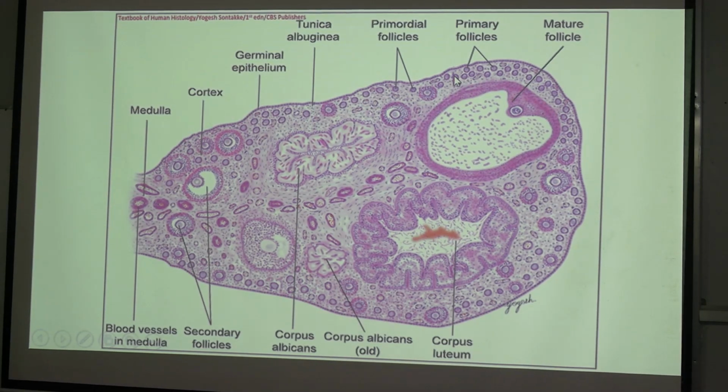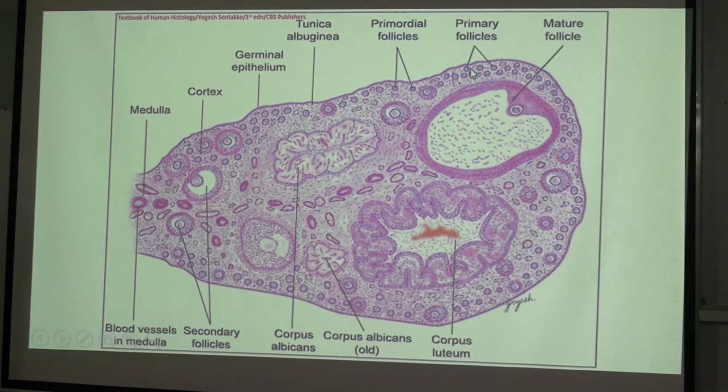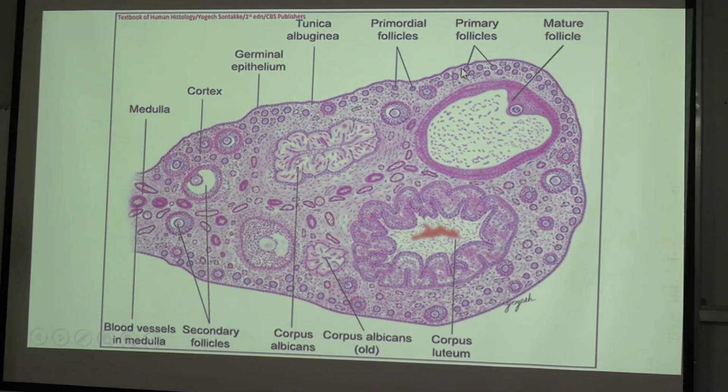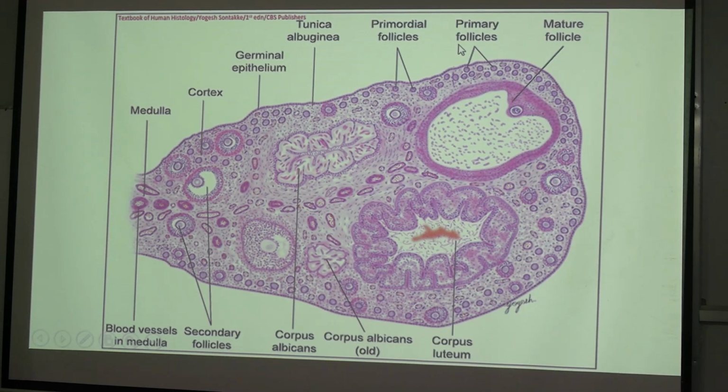Only the size increases, but the cell division was arrested and remains arrested. We have more than one thick layer of these flat cells, which become thick cuboidal cells surrounding this, and we call this the primary follicle.